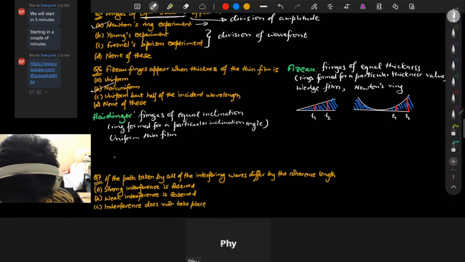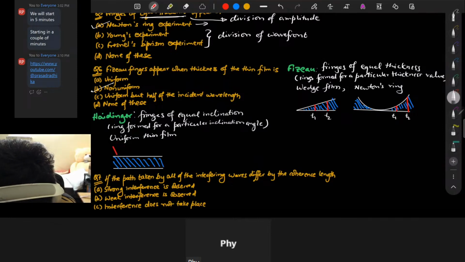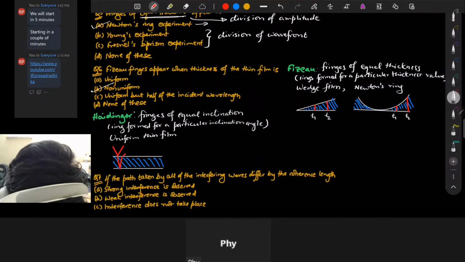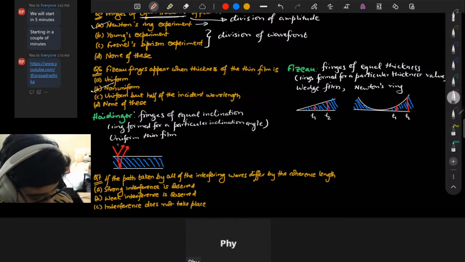So let me draw. This is the uniform film. That's the film between these two surfaces. So you will have one ray which comes in and gets reflected at one particular angle, and then the transmitted will go and come, and that's how it will come for one particular angle. This is one angle. The other angle, you will see another fringe.